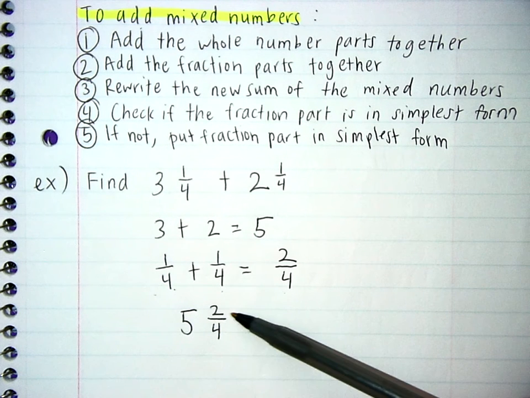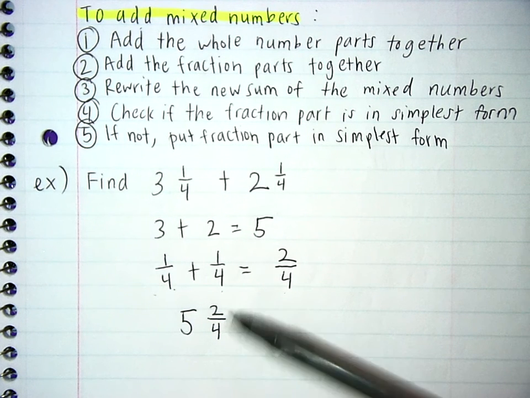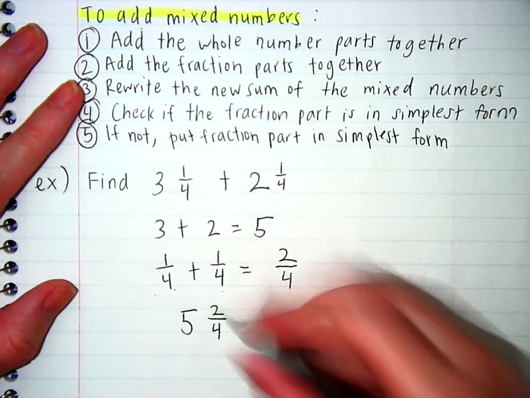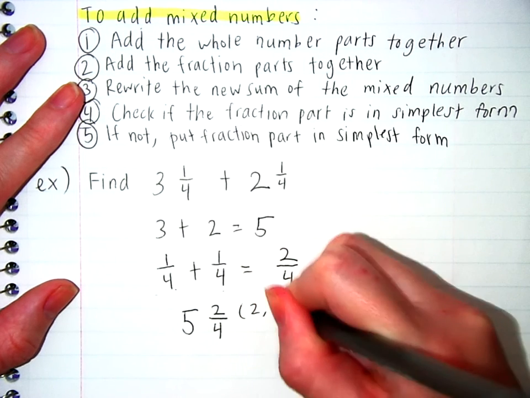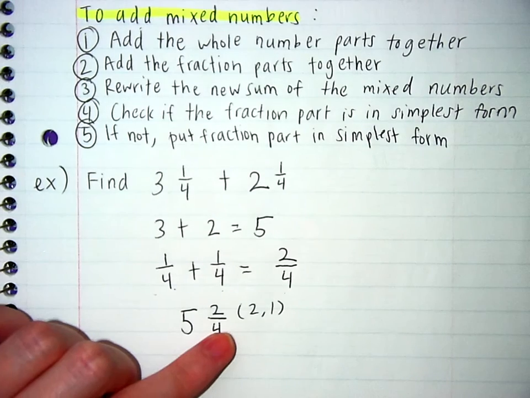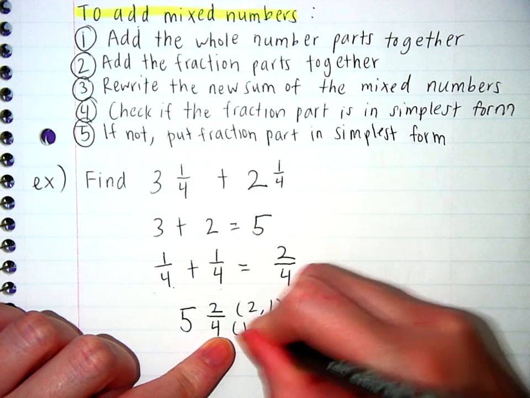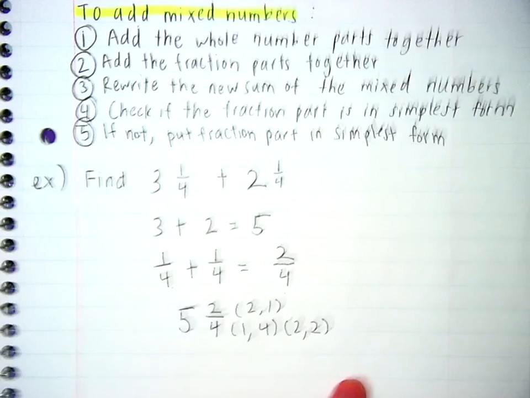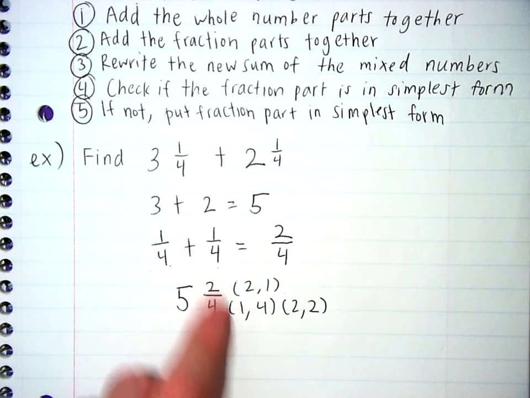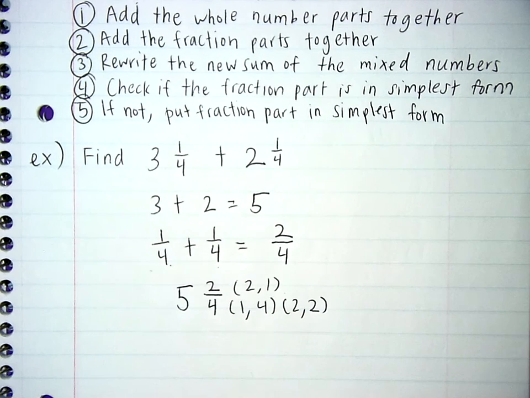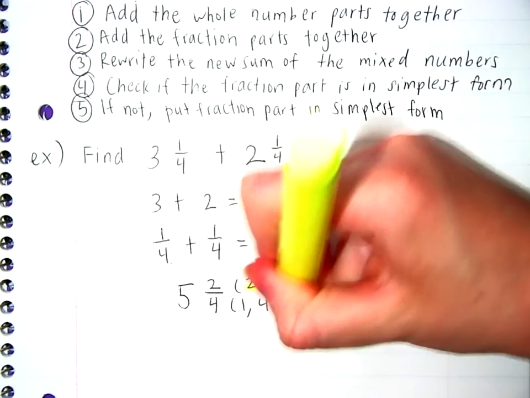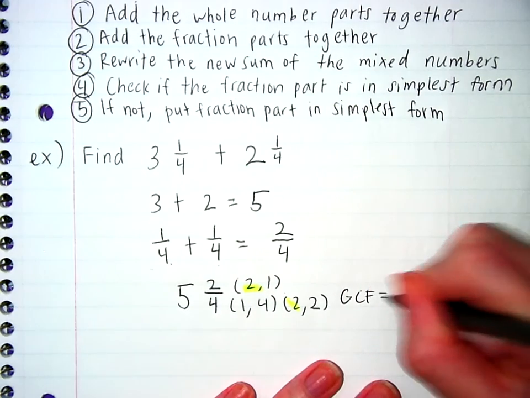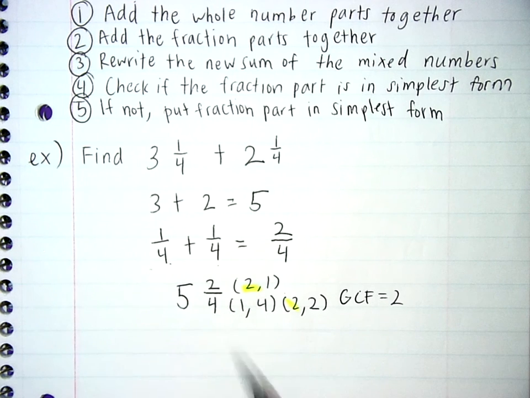In order to find if it's in its simplest form, I have to check the factors to see if they share more than just the factor of 1. So let's see, for 2, only 1 and 2 give you 2. For 4, 1 and 4, and 2 and 2. So it shares a greater common factor than just 1. The greatest common factor it shares is actually 2. So the GCF equals 2, which means I must divide the numerator and the denominator by that.